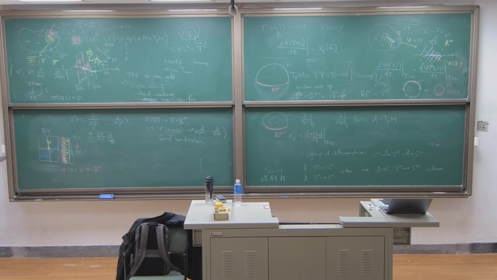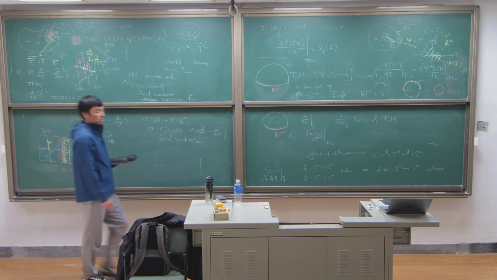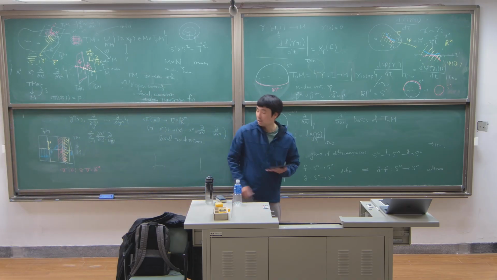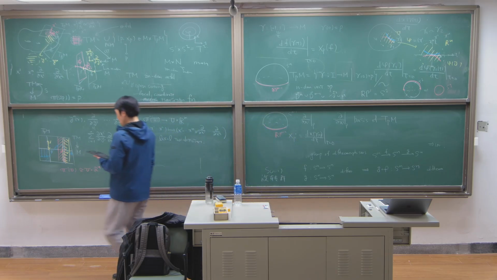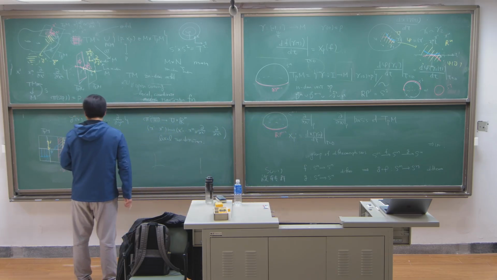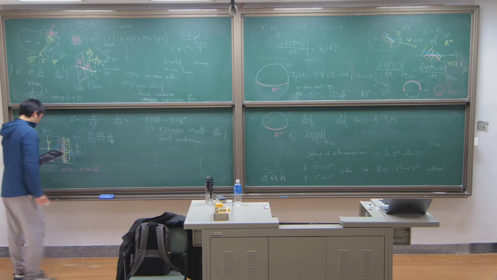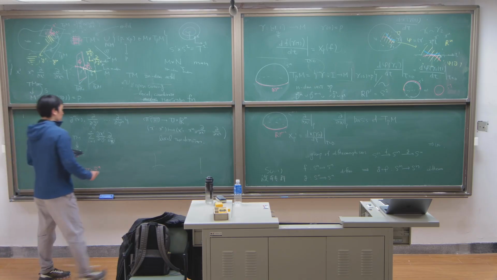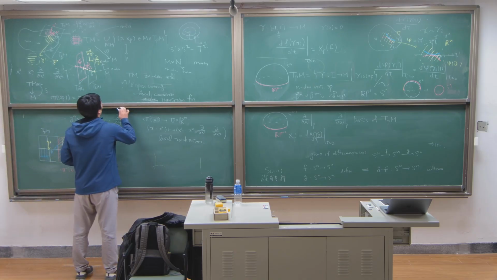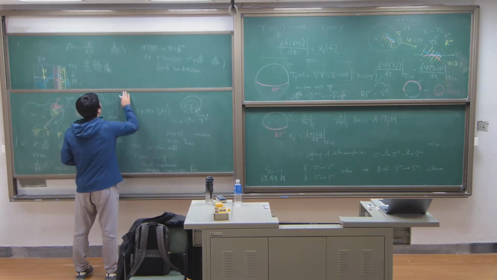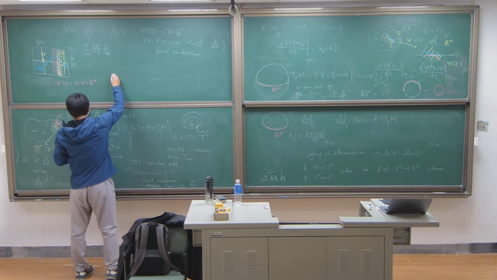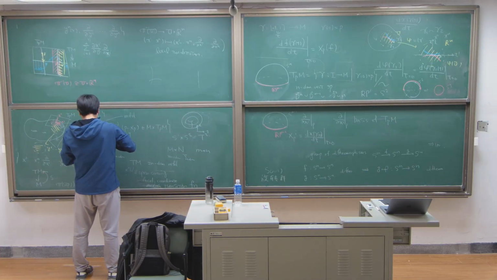Like this one. So this is called a section. And the section of the tangent bundle is called a vector field.